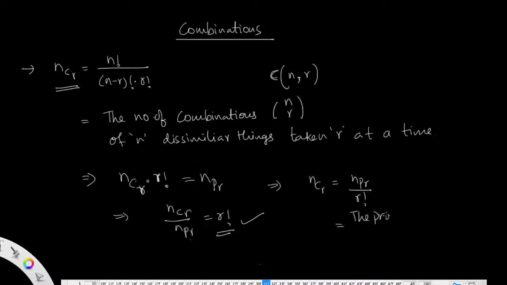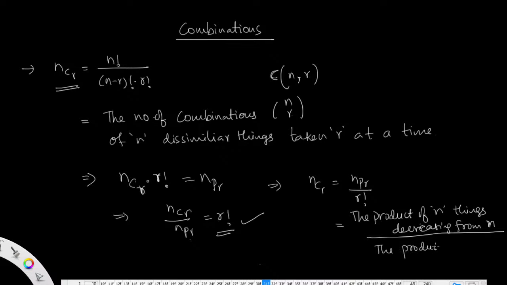That means the product of n things decreasing from n, divided by r factorial.